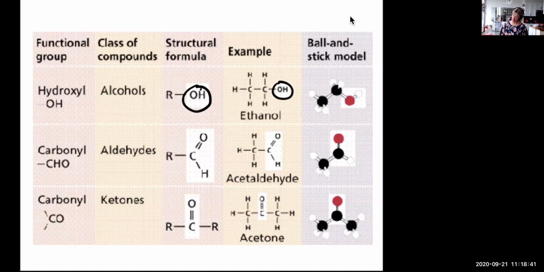An aldehyde has 1 carbon at the end of your chain of carbons, doubly bonded to an oxygen and singly to a hydrogen. The ketones are a little bit different in that the rest of the molecule is on either side of that central carbon, and it has a double bond to oxygen. Ketones.